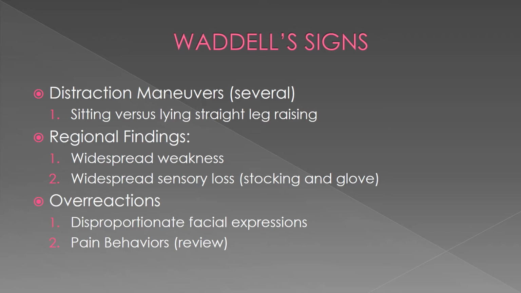Similarly, with widespread weakness, and again building on the example of an examinee with L5 radiculopathy, we would expect an examinee with bona fide L5 radiculopathy to present with a drop foot, with weakness to ankle, great toe, and all toe dorsiflexion. This examinee might be expected to walk with a drop foot.